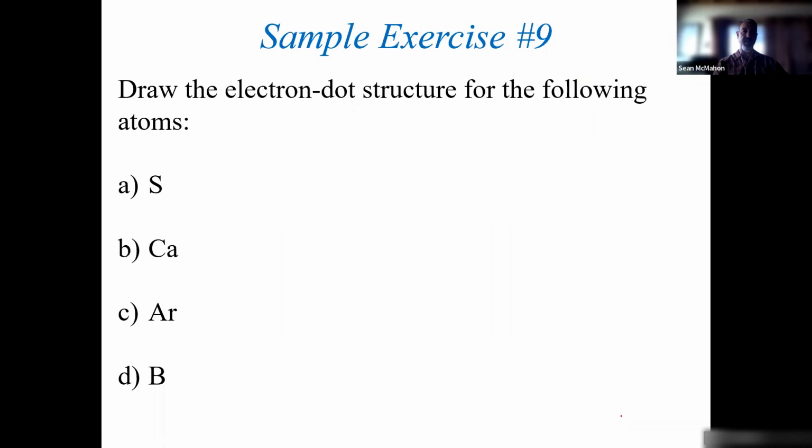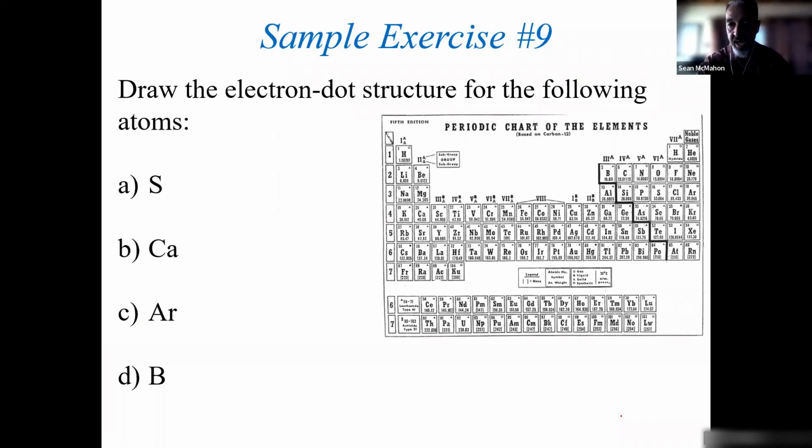So for sample exercise 9, sulfur. Can you draw the Lewis dot structure? Well, you look on the periodic table, sulfur is in group 6A. How do I know? Right here, 6A. Now someone might say, well, wait, you just said that's a 3p4. It is a 3p4. You're good with the electron configuration.